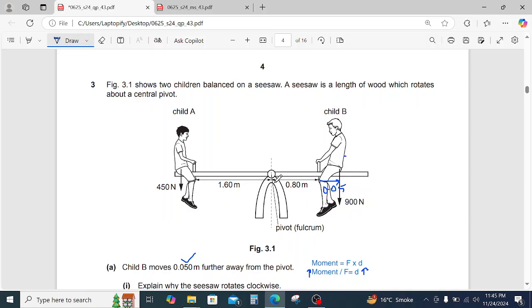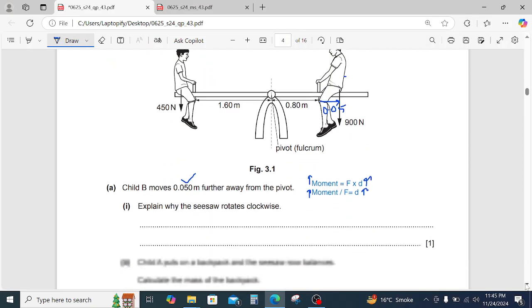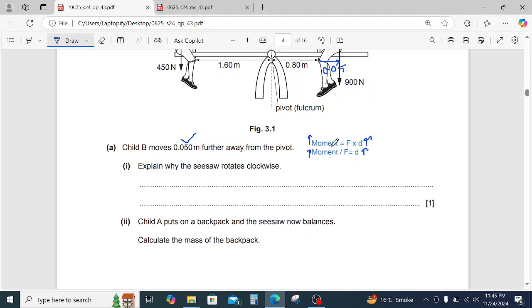It means when this person moves away from the pivot point by 0.05 meter, the clockwise rotation increases. Obviously it will increase. I have written here the formula: moment is the product of the force and perpendicular distance from the pivot. So as distance increases, moment will also increase. So both are directly proportional. Is it clear? So you have to explain this one.